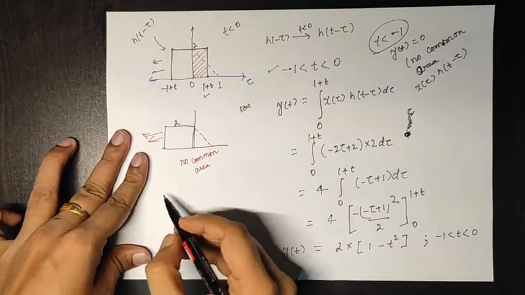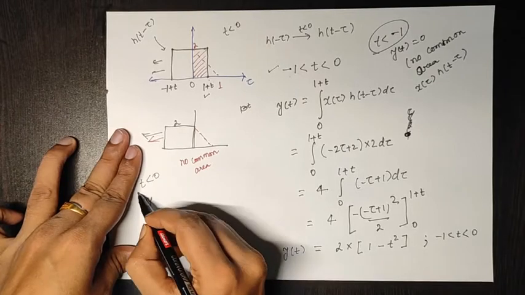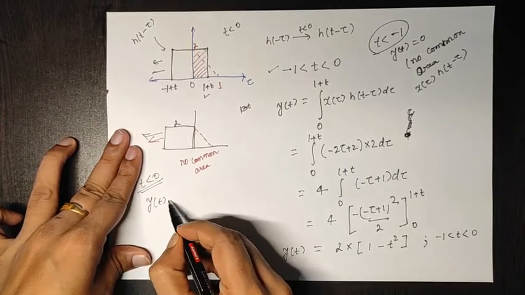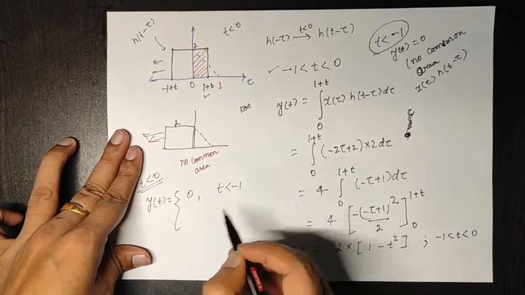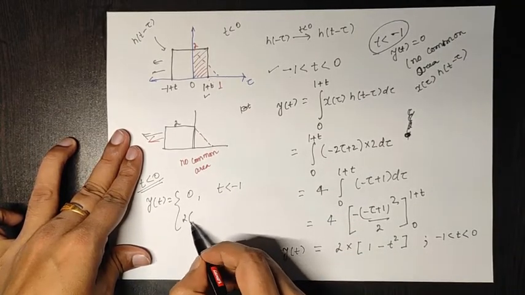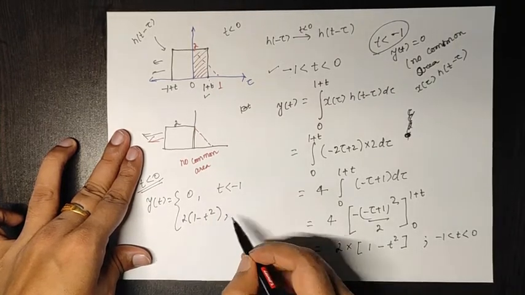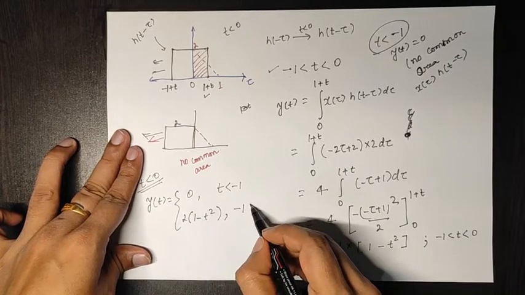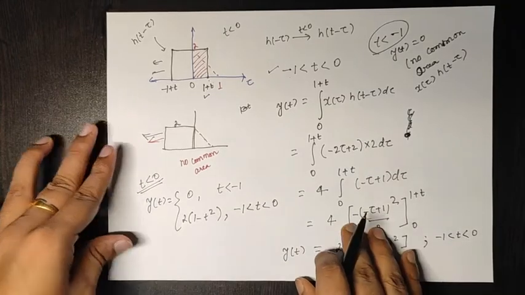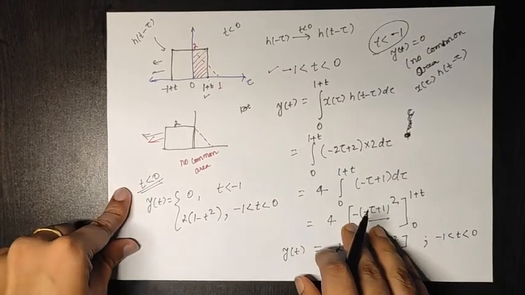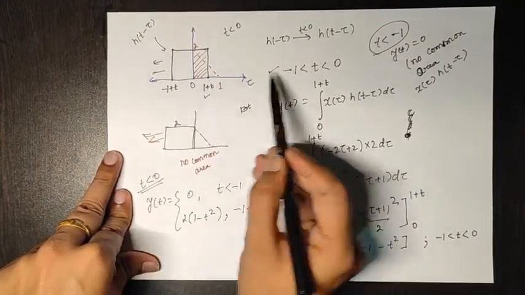So here we can write briefly that for all the values of t less than -1, y(t) will be 0, and its equation will be 2 times 1 minus t square for -1 to t to 0. This was for the negative values of t. Now we have done the leftward shifting, now we will do the rightward shifting.